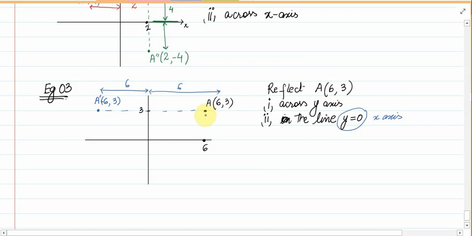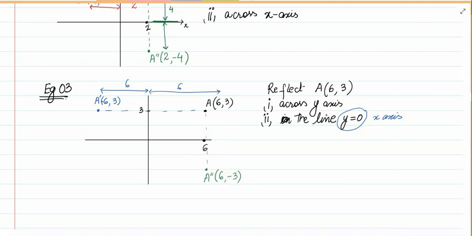Now if you reflect A across the line y equal to 0 or x-axis, this point will reflect over here, and that is A double dash. No change in x because the movement is in y only, and the y coordinate will be -3, right?